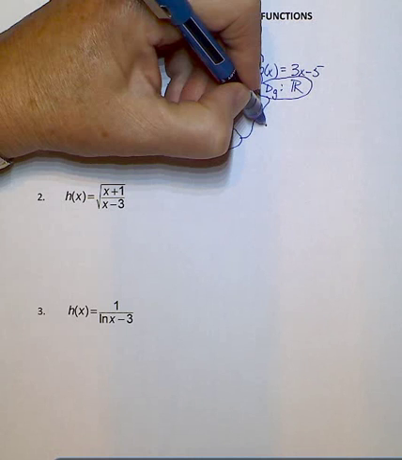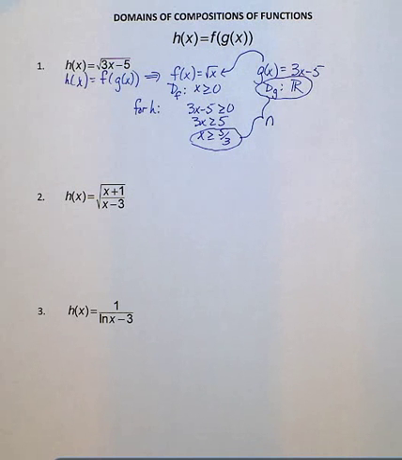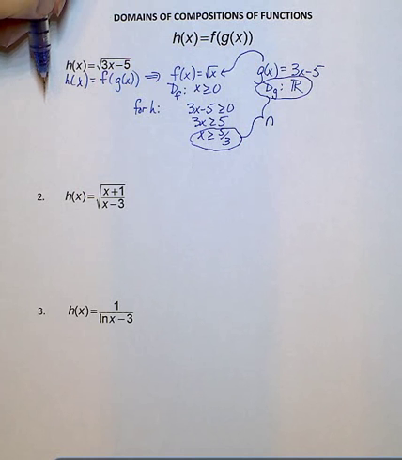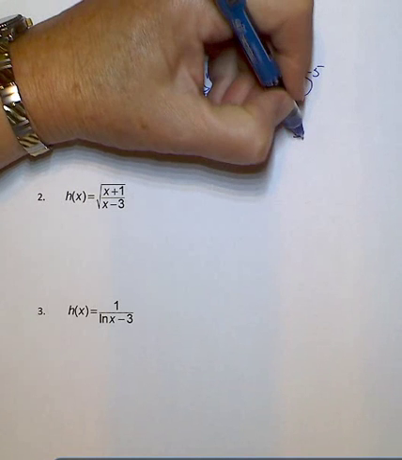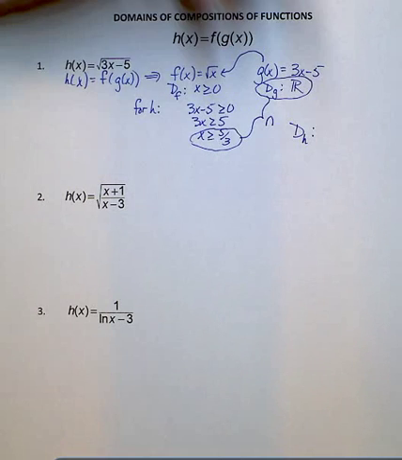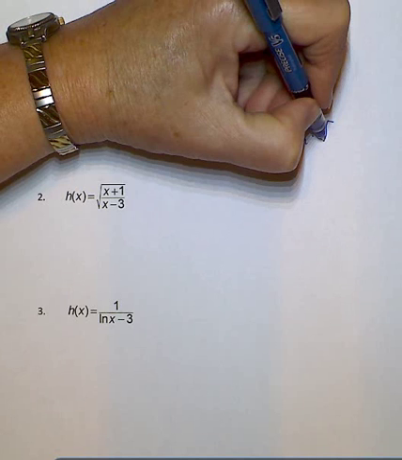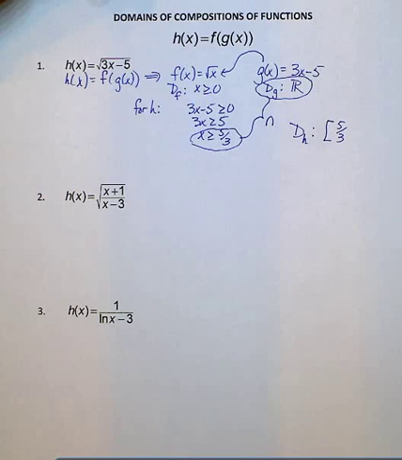So we take the intersection of these two, that just means all the x's that satisfy both of them, and all the x's that can be anything and also greater than or equal to 5/3 leads us to the domain of h being, and I'll put this in interval notation, the interval from 5/3 to infinity.